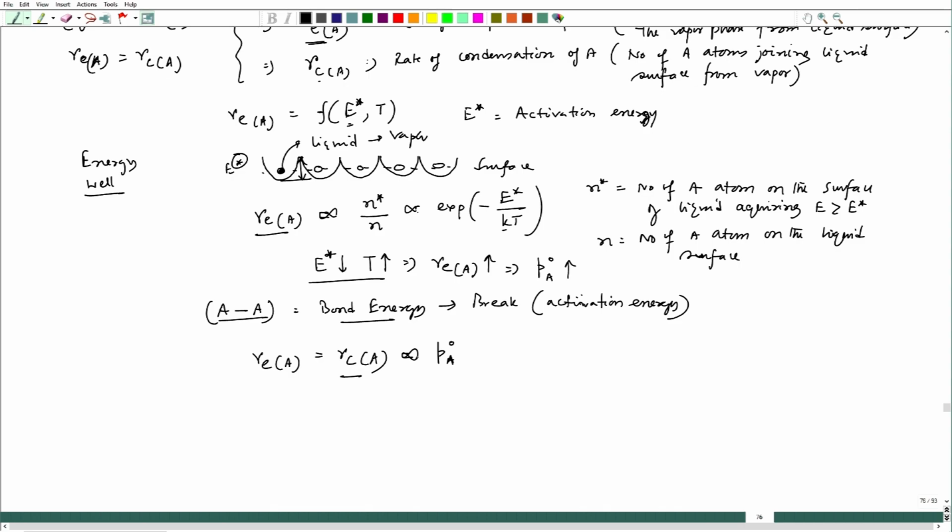So, the saturated vapor pressure is the parameter which decides how many atoms of A would join the liquid surface from the vapor. So, this is proportional to, not equal to, P_A. So, now we can write that R_E A is also proportional to P_A naught, and then we can write R_E A equals K P_A naught, where K is the proportionality constant.